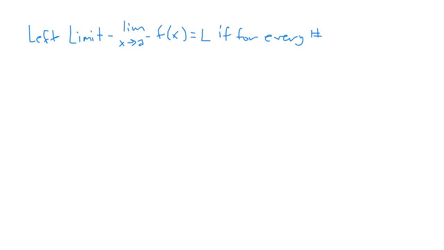So if we're taking our left-handed limit, and we know that's going to equal some value, well, we know that works if for every number epsilon that's greater than 0, there is a delta that is greater than 0 such that a minus delta is less than x, which is less than a.